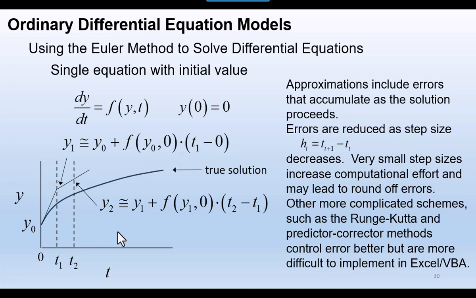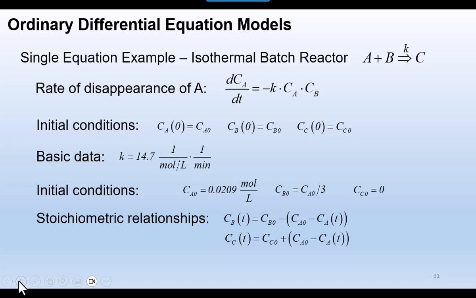So what we're going to do is take a look at an example, a simple example, of an isothermal batch reactor where we have two components named A and B converting to C with a rate constant K, and the rate of disappearance is described by a second order reaction, so that disappearance of the concentration of A is minus our K value times the concentration of A and B. And then we have initial conditions so that we can solve this problem, where we have an initial value for A and B, and perhaps we could have C, but we might have that as being 0.